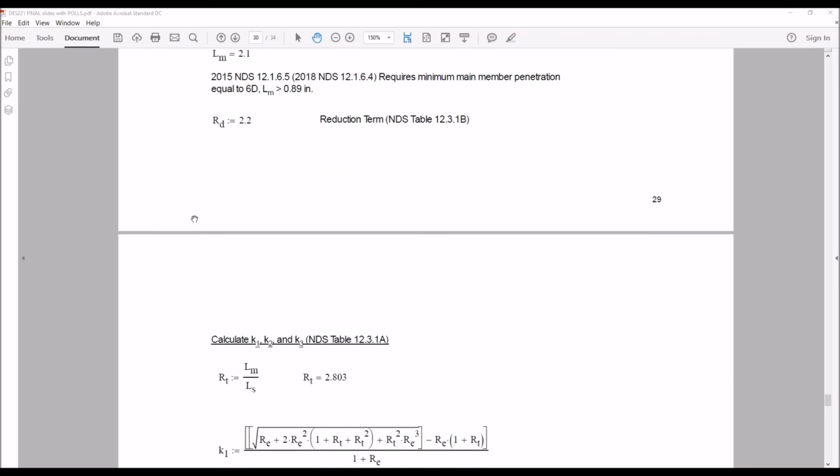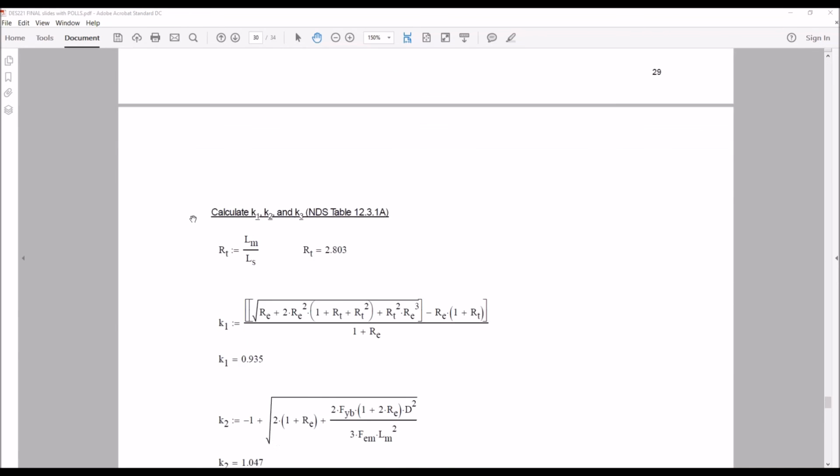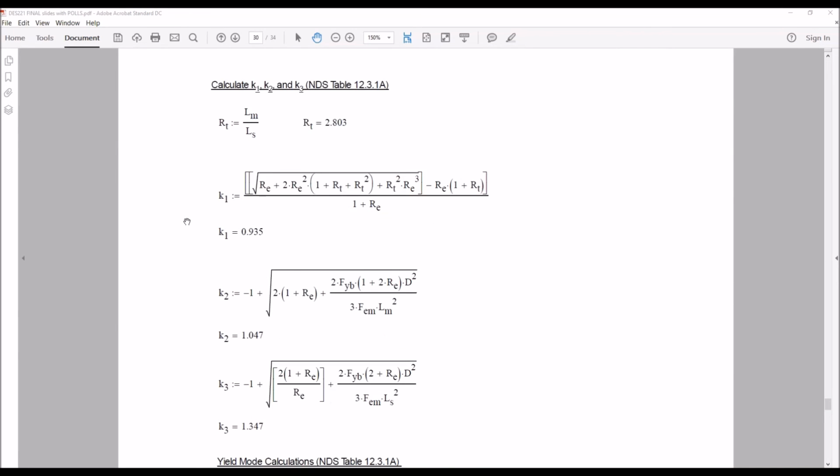12.3.1b. And then we get into a little bit more of that so-called blood and gore, the K1, K2, and K3 factor calculations. And these are another set of equations that I don't really like doing by hand. I find that MathCAD or Excel or something keeps track of the numbers a lot better than I can.